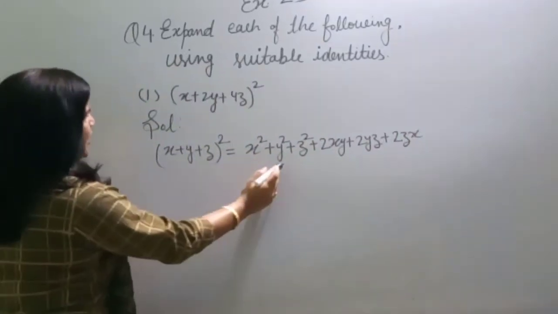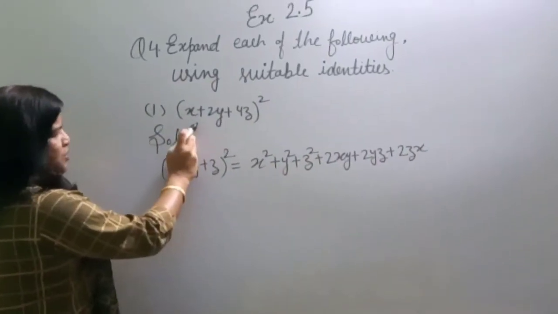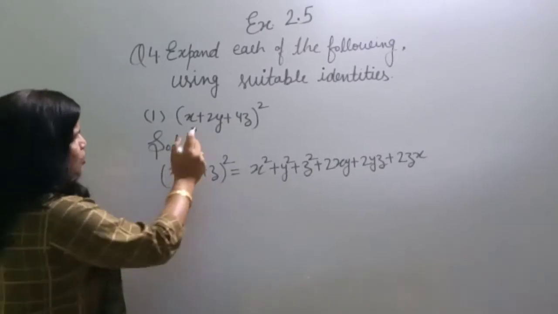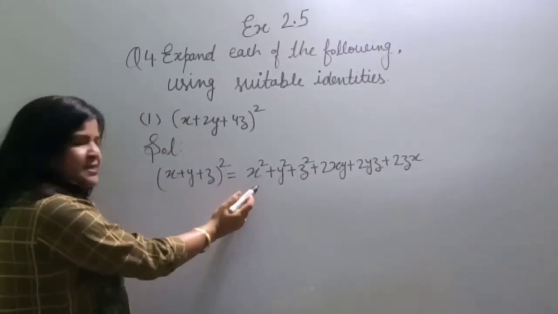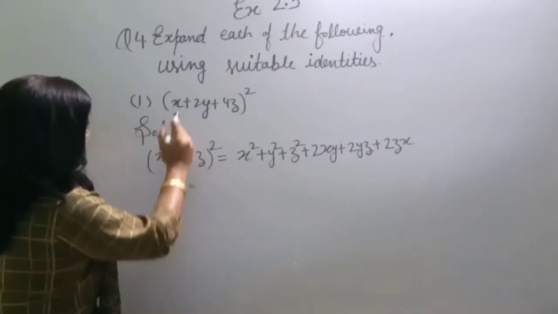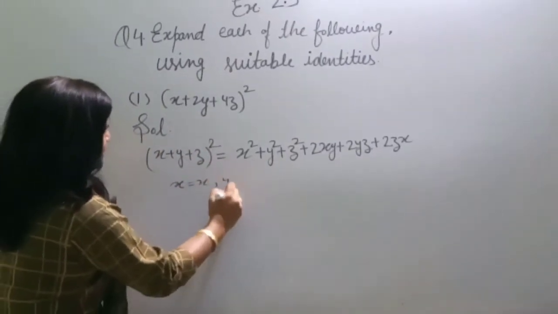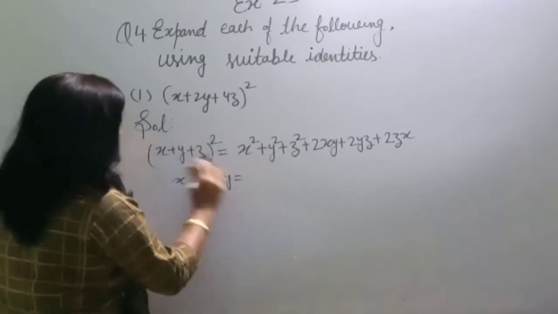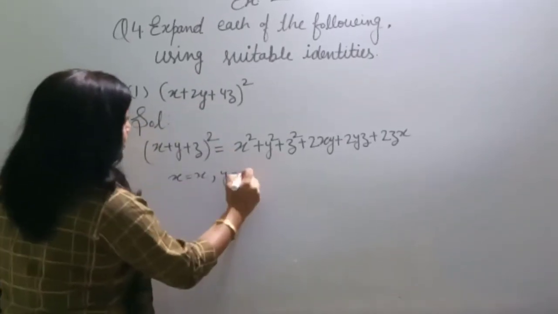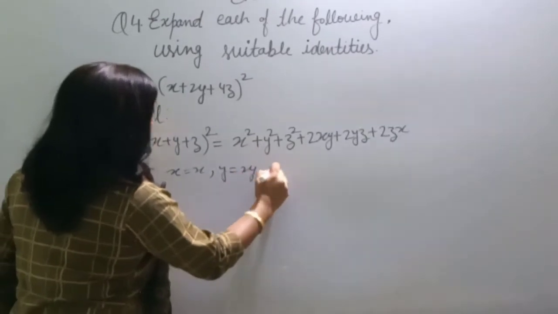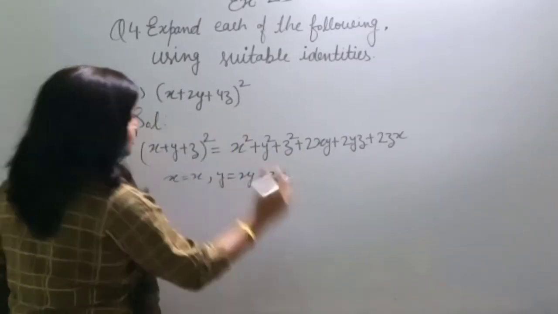This is the proper identity for this question. Now we have to calculate the expanded form using this identity. So x = x, y = 2y, and z = 4z.